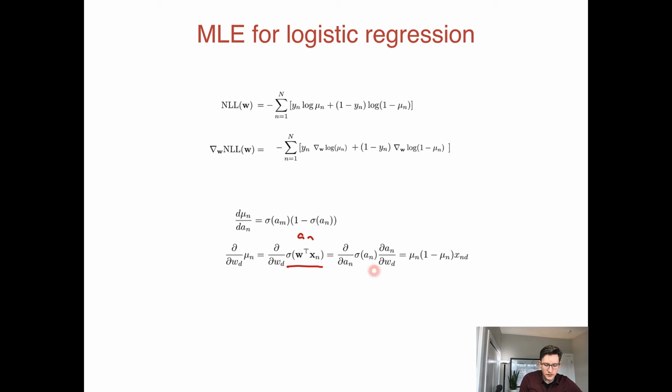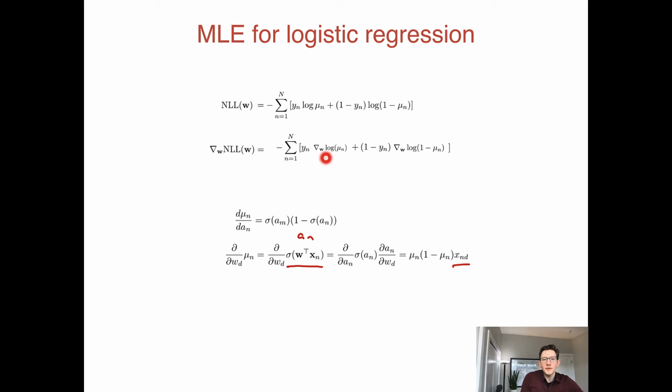That's the derivative of sigma with respect to a. And then the second, the derivative of a n with respect to w d, well, we're taking the derivative of just this linear function, w x. This is a sum of a bunch of terms, w d times x n d. There's only one term here that involves w d, which is w d times x n d. So we get x n d here. Okay, so that's our derivative of mu with respect to w d.